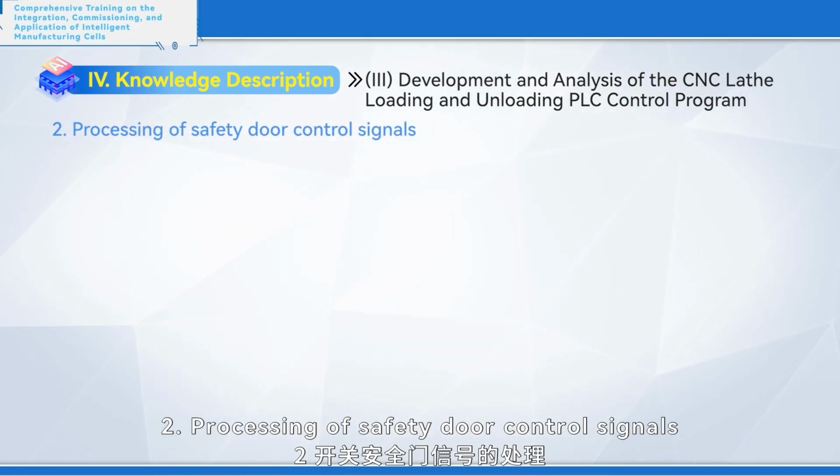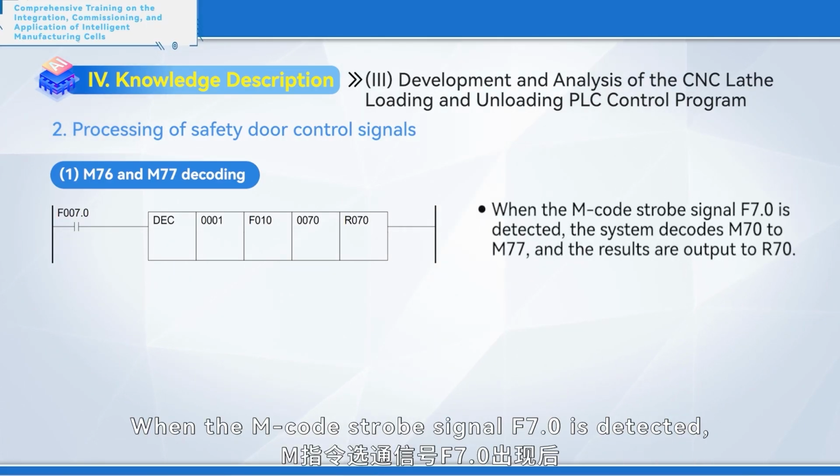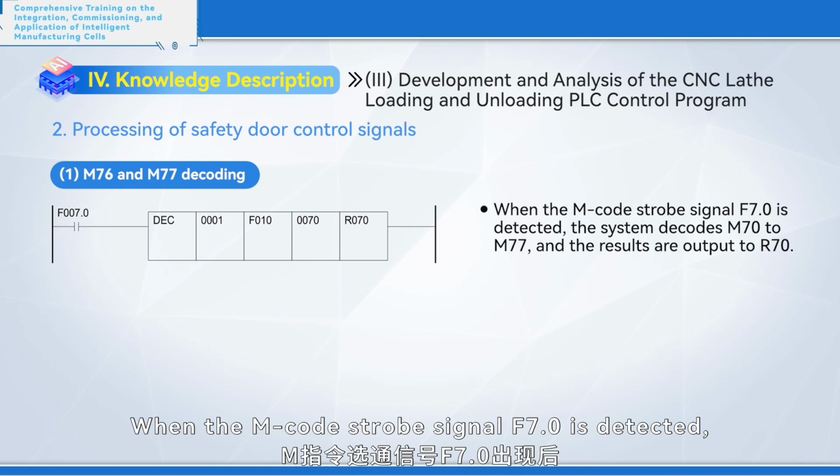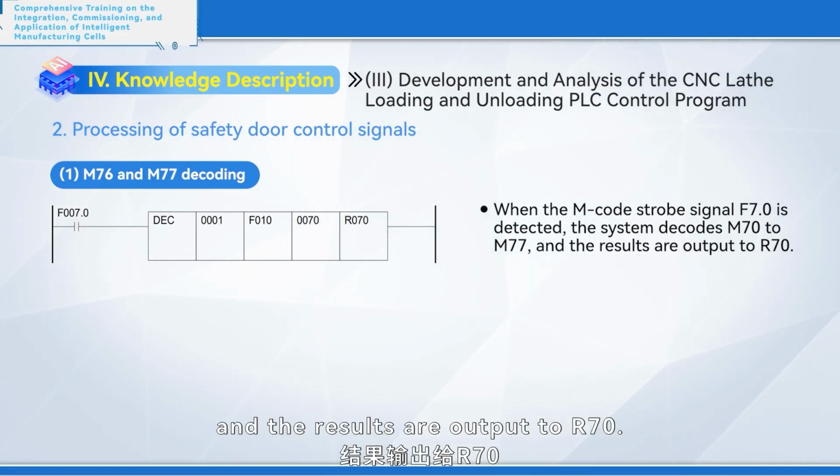2. Processing of safety door control signals. 1. M76 and M77 decoding. When the M-code strobe signal F7.0 is detected, the system decodes M70 to M77, and the results are output to R70. 2.